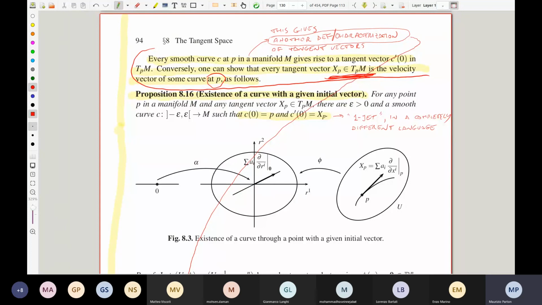And this is a notion which is called the one jet. Okay, but we don't need this term. We just need the fact that when you are thinking about tangent vectors, sometimes it's very useful to think of the curve which is generating that tangent vector. Okay.